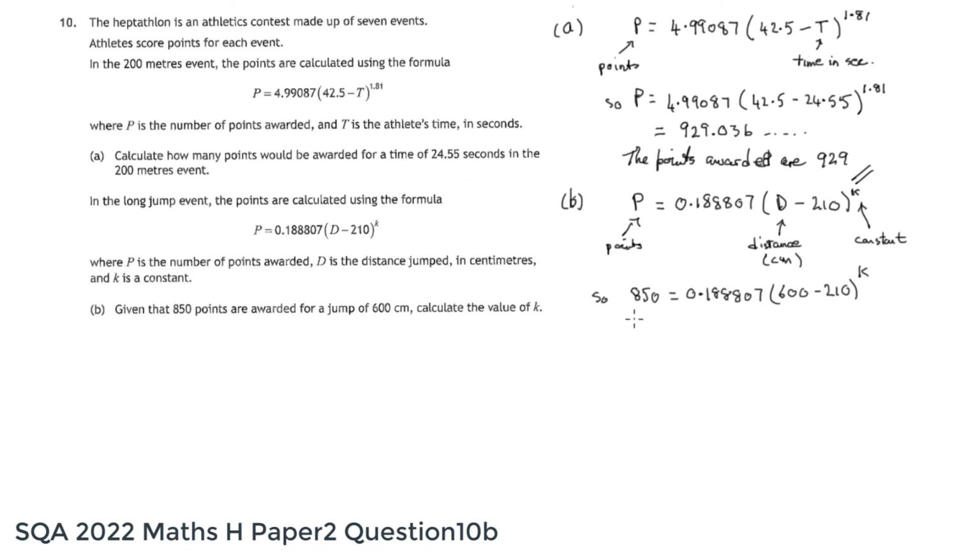Let's do one final simplification, which is the bracket at the end. So 0.188807. Now 600 minus 200 is 400, take away another 10 is 390. So this is 390 raised to the power k.